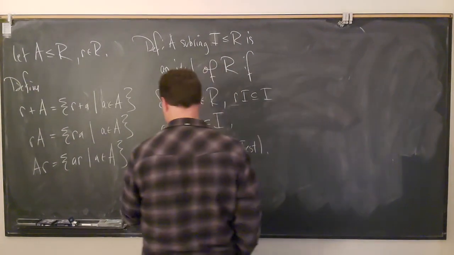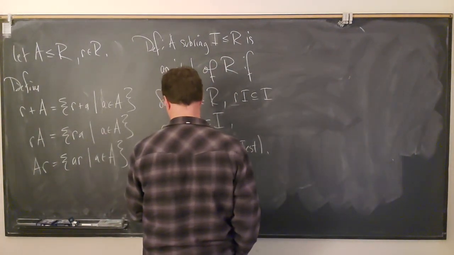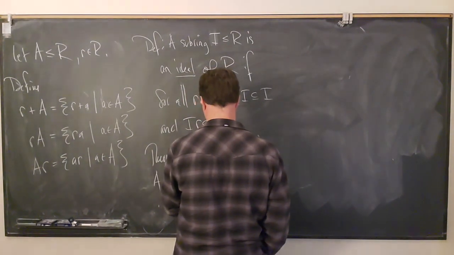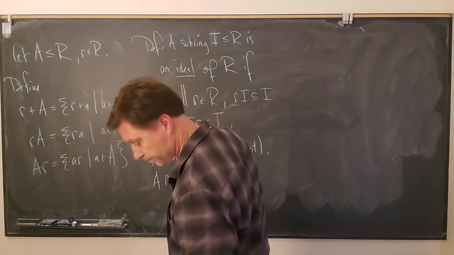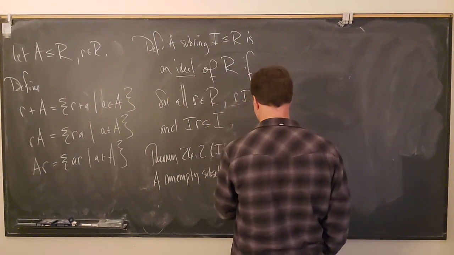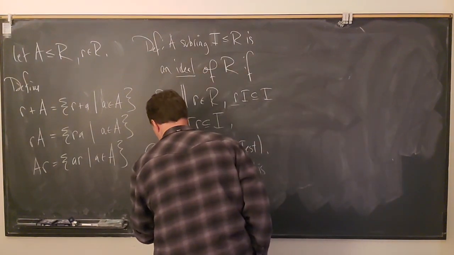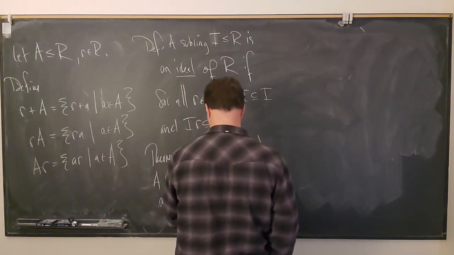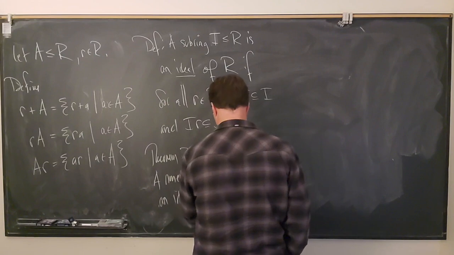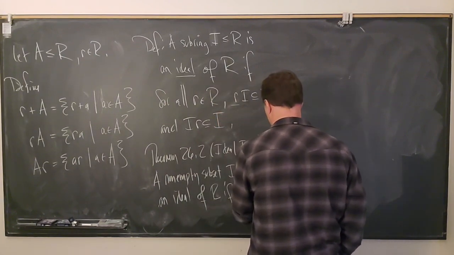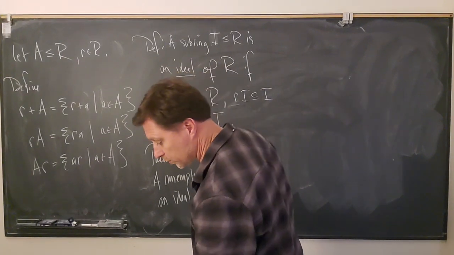It goes like this: a non-empty subset capital I of R is an ideal of R if and only if two things happen.